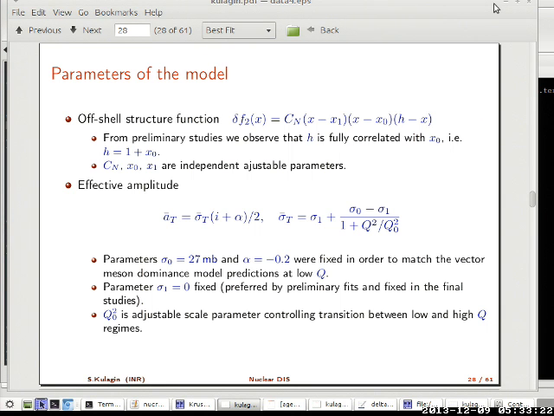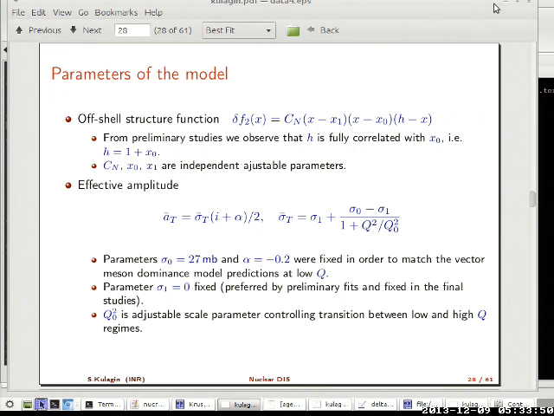And in order to interpolate between the low Q square region and large Q square region, we just used a simple monopole formula, and it turns out that in the fits to the nuclear ratios we are always preferring the parameter sigma 1 about 0. So it was eventually also fixed in this analysis.